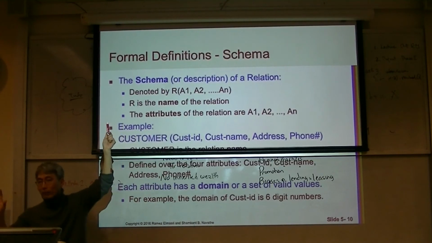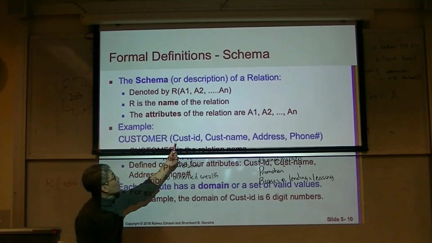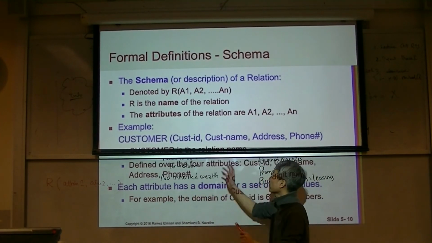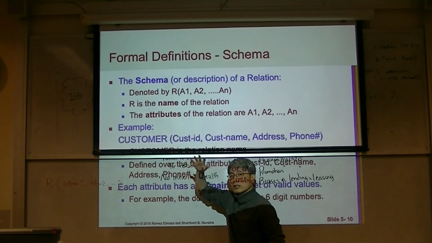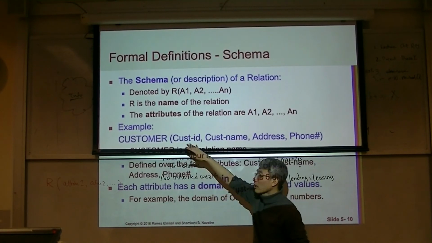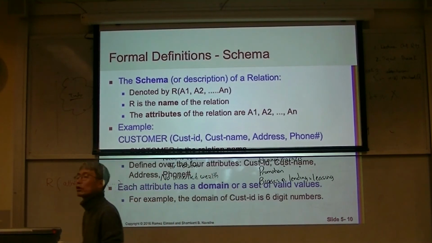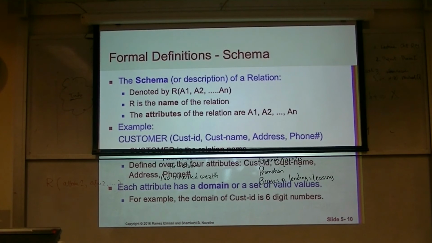A relation has a set of attributes: customer ID, customer name, address, and phone number. They can be either lowercase or uppercase. There's no strict rule, but usually the name of a table, the name of a relation, is uppercase, and the attribute name is sometimes uppercase, sometimes lowercase.